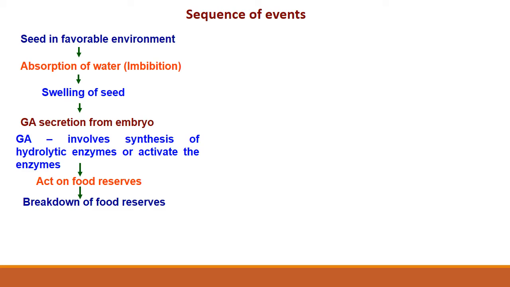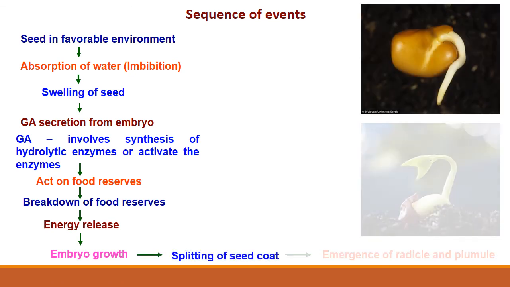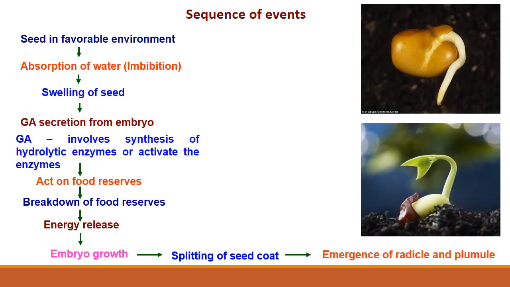So again we move to the sequence of events. After all these processes get completed, the breakdown of food reserves occurs, and at last energy gets released, and this energy is further needed for embryo growth, and at last splitting of seed coat occurs. Next, the emergence of radicle and plumule takes place.